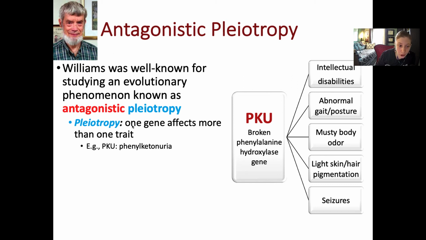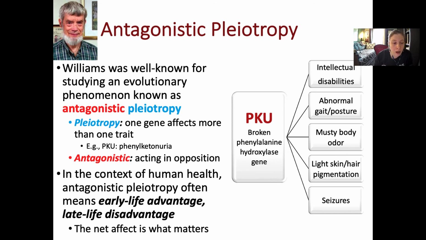So pleiotropy is one gene affects more than one trait. If you put antagonistic in front of that, it means that they're acting in opposition. So the gene is giving you something that benefits you, but also costing you something. And so that kind of balancing of costs and benefits is one of the main focus points for evolutionary biologists.